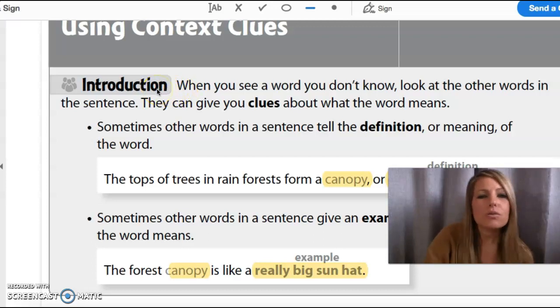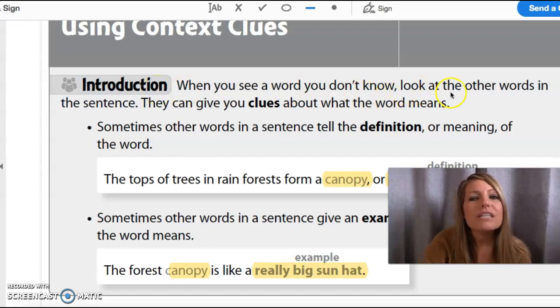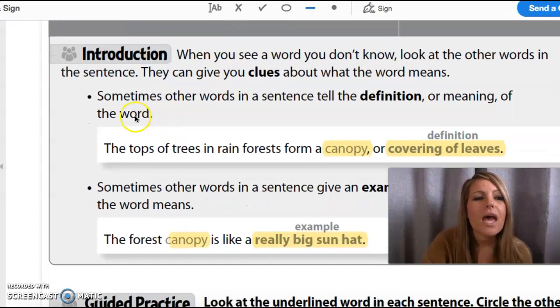It says that when you see a word you're not sure of, you need to look at other words in the sentence. Sometimes the other words in the sentence can give you clues about what that word might mean. For example, sometimes when you're reading a sentence, other words in the sentence actually will tell you the definition or meaning of the word.